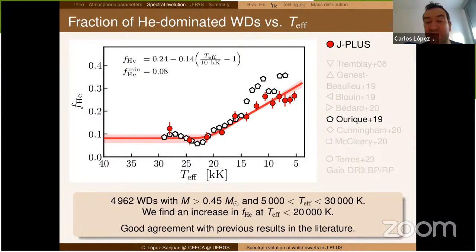The colors and all the other results that I presented were not sensitive to the use of mixed or pure helium models, because the colors were very similar, just changing how the mass and colors are mapped.